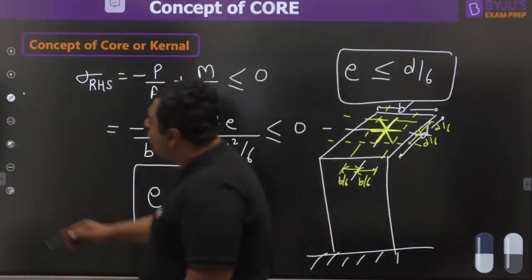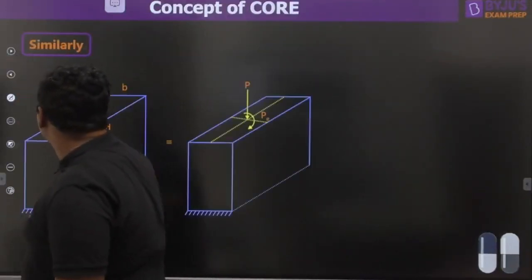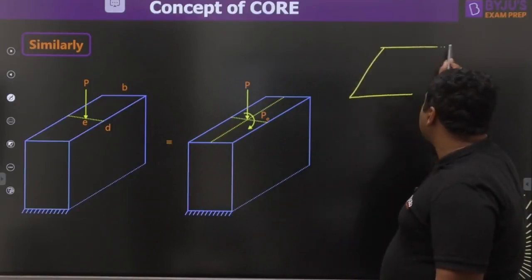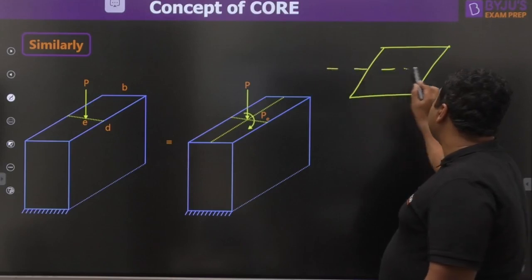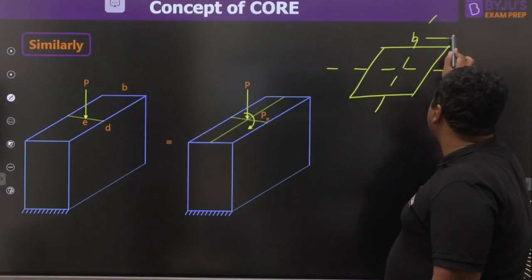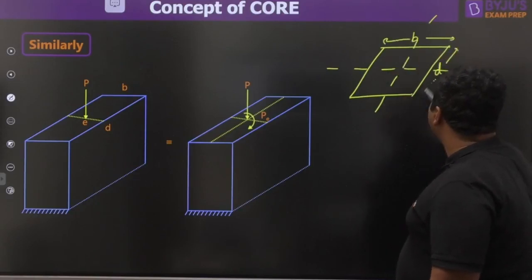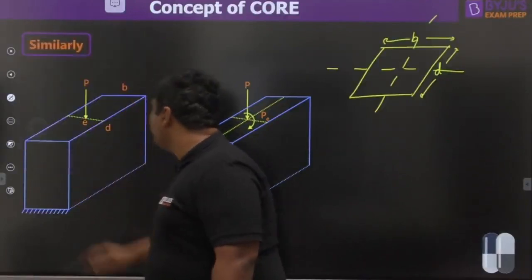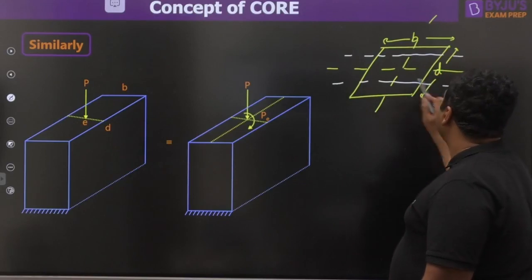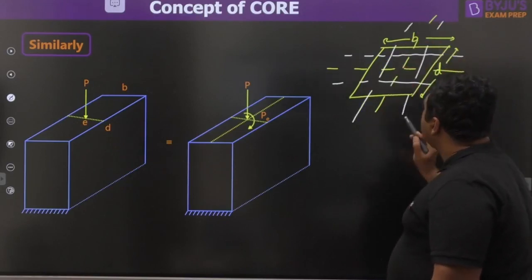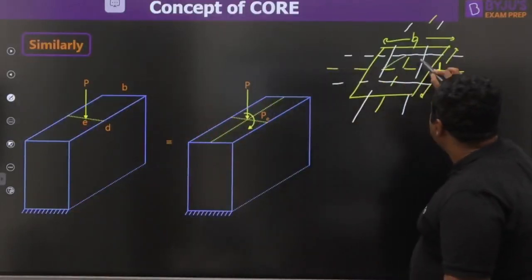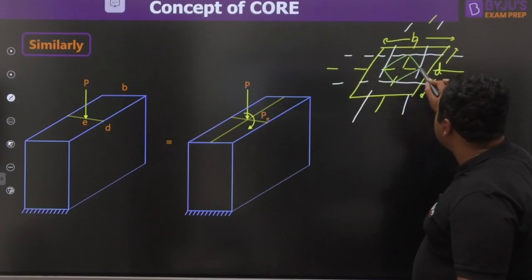So when we go for the core, kern or kernel for this case, what we choose is, if I show you the cross section, this was B, this was D, and we choose like this and like this, and we join these points.